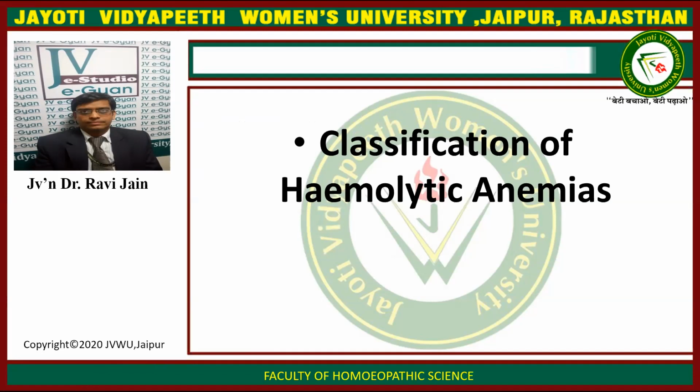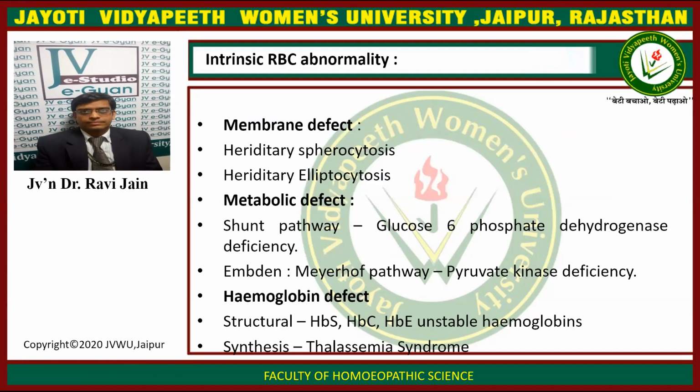Now we come to the classification of hemolytic anemias. It can be due to intrinsic RBC abnormality or extrinsic RBC abnormality. In the intrinsic RBC abnormality, it can be due to a membrane defect, that is hereditary spherocytosis or hereditary elliptocytosis.